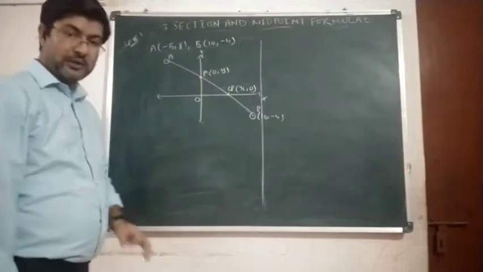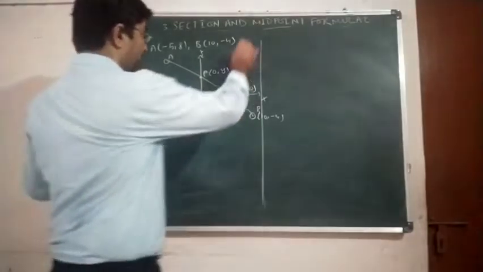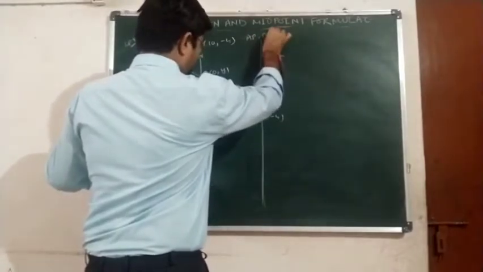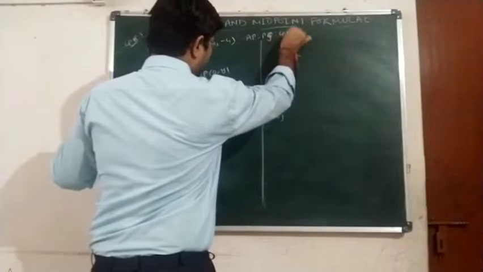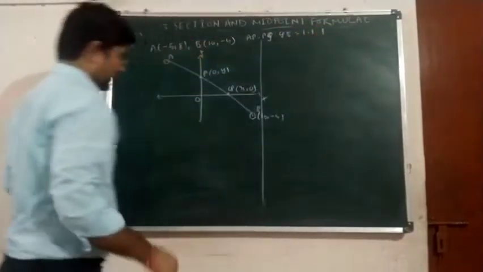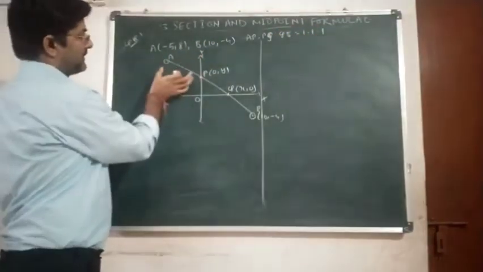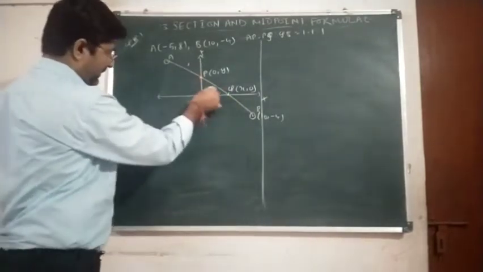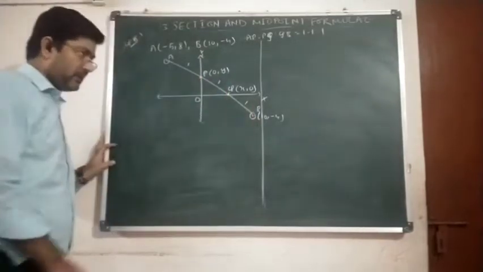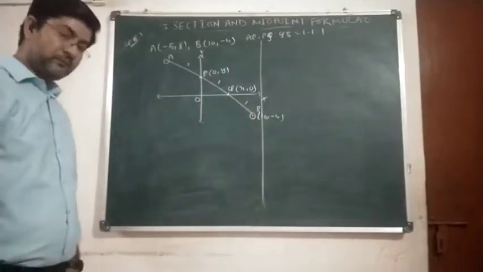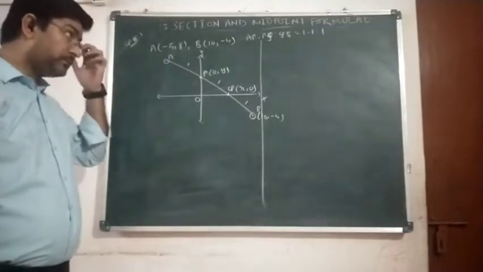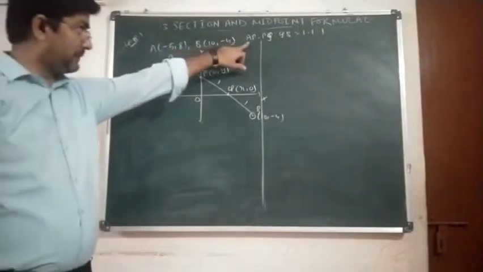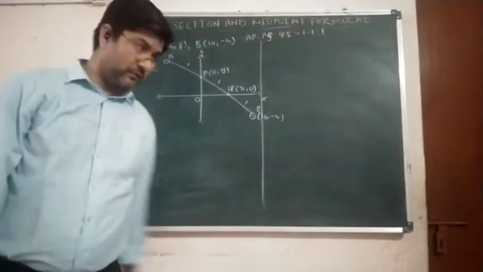It means P and Q are the points of trisection, so AP, PQ and QB are of equal length. So the ratio AP is to PQ is to QB must be 1 is to 1 is to 1.